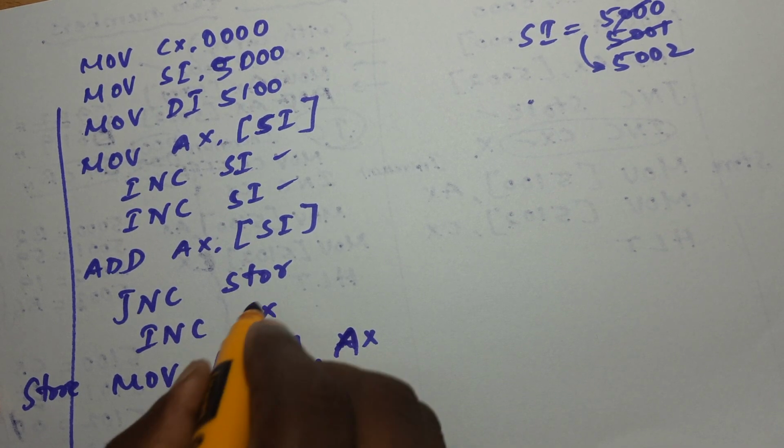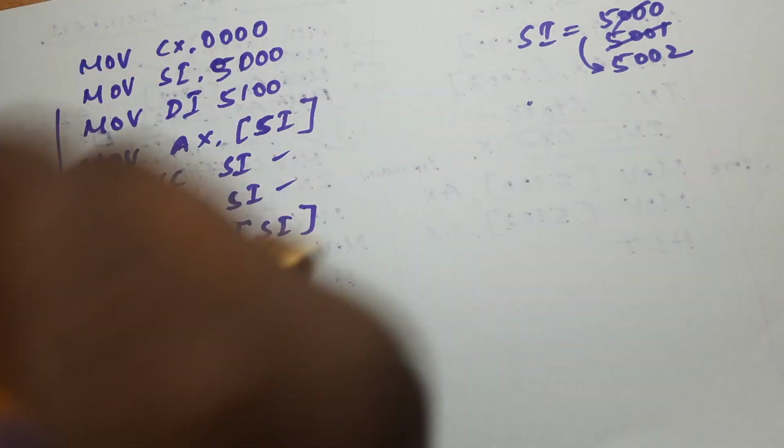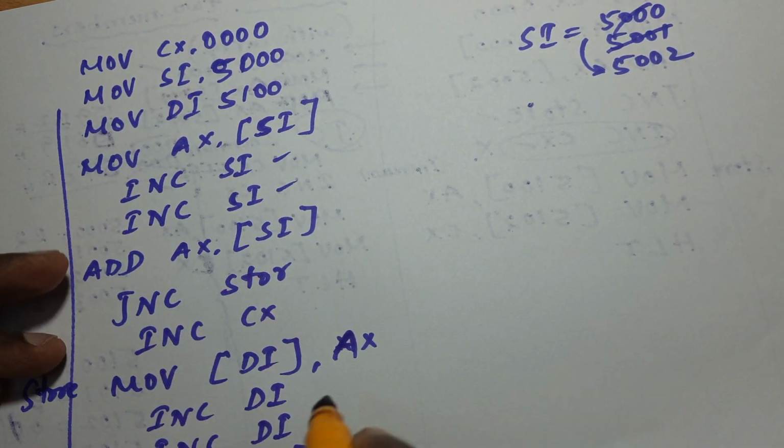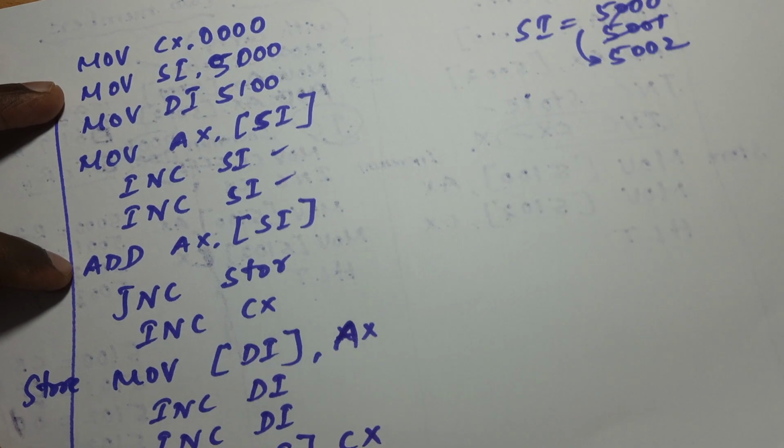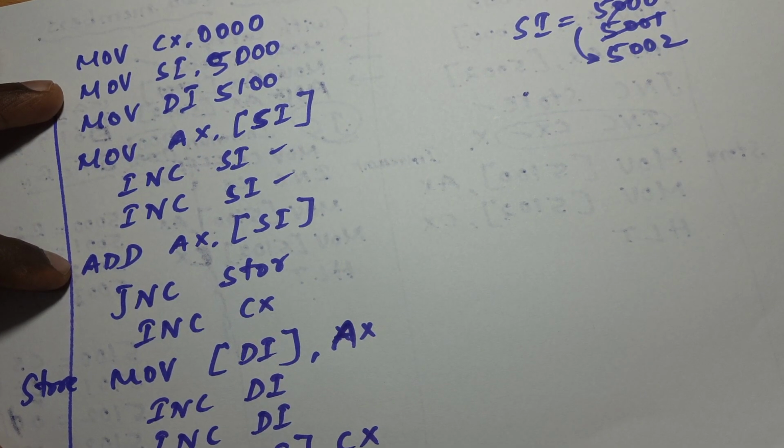In our case, if the carry is set it is incremented; if it is not set it is skipped, then this remains 0000. Then halt.